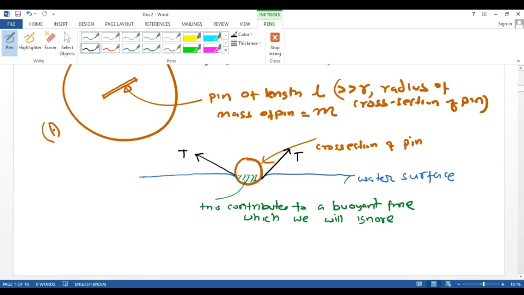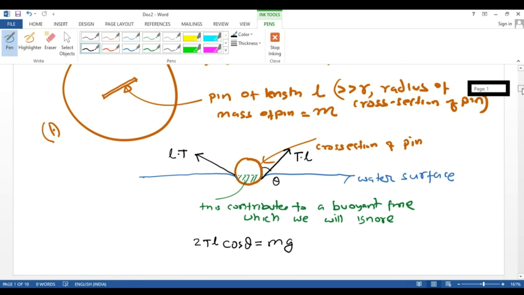So the actual force acting in this direction would be equal to T into L, and in this direction also it will be T into L. And maybe this angle with the vertical is theta. So you can see the net upward force is 2TL cos theta, and because of this, if it is floating, then this should be equal to mg. Here we are ignoring the buoyant force.